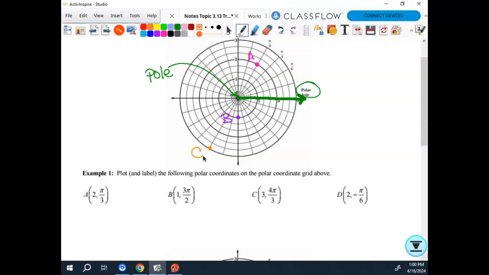This is pi thirds, and they're only labeled in the first quadrant. They wouldn't even necessarily have to be labeled, but this is pi thirds. Then that same line that cuts through gives me my pi thirds angle in the third quadrant. So that's one way you can line yourself up.